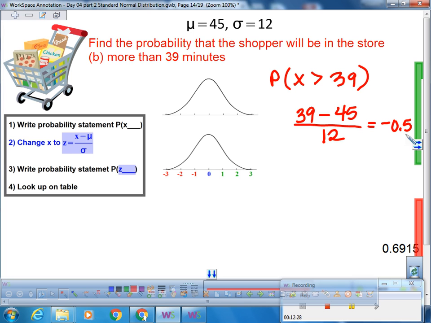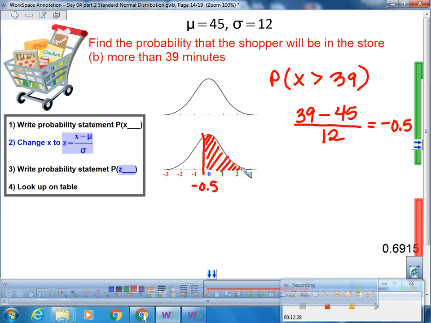So right here, I should be at negative 0.5, and it wants to know greater than. Yes, the area under that part of the curve. You could. You absolutely could.